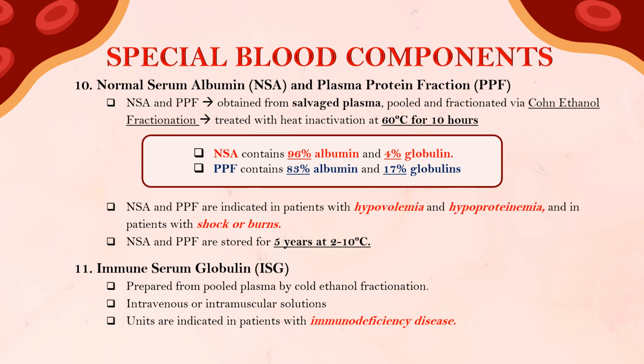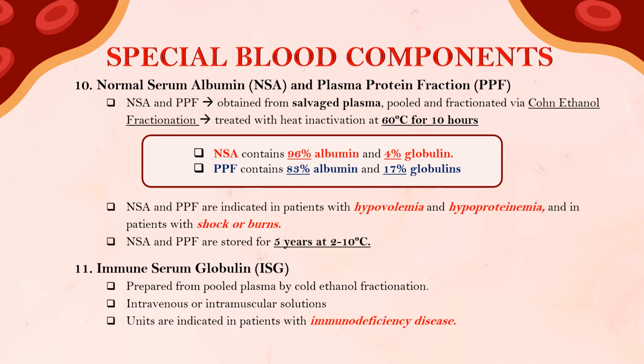Okay, number 10, we have normal serum albumin and plasma protein fraction. Your NSA and PPF are actually prepared from salvage plasma, also termed recovered plasma, that is pooled and fractionated via the cold alcohol process, also known as Cohn ethanol fractionation, then treated with heat inactivation at 60 degrees centigrade for 10 hours. So, class, the main reason for heating is to inactivate all the coagulation factors within the unit.